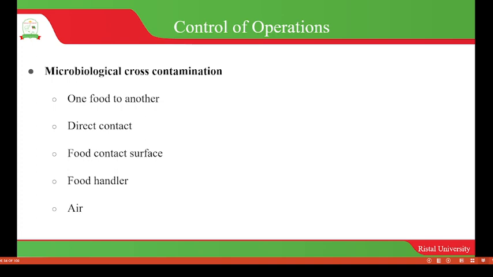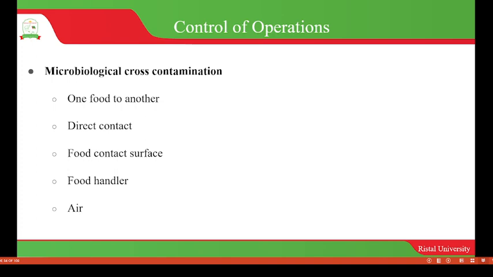For instance, a person who has the pathogen touches the food with contaminated hands, then the food will also be contaminated. Direct contact can also be when you are using utensils which contain the pathogen, or using equipment which is unclean.